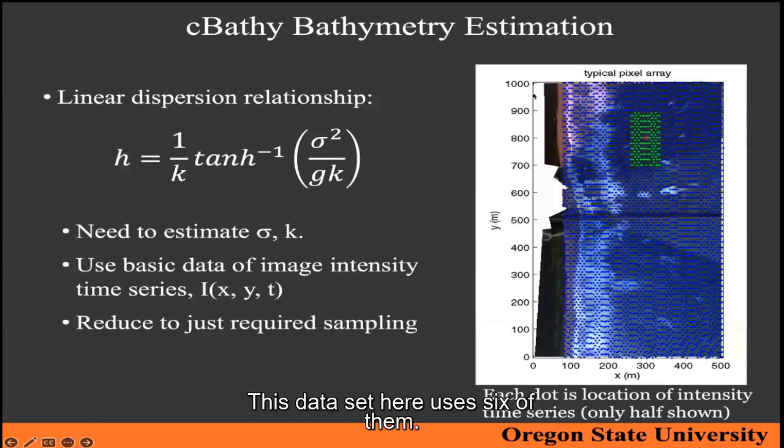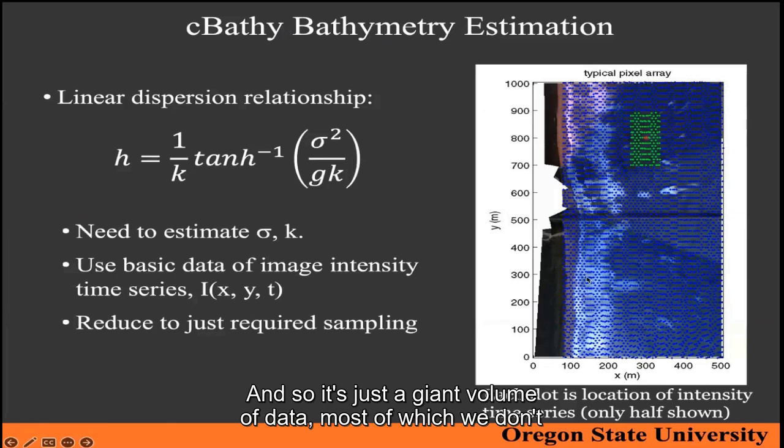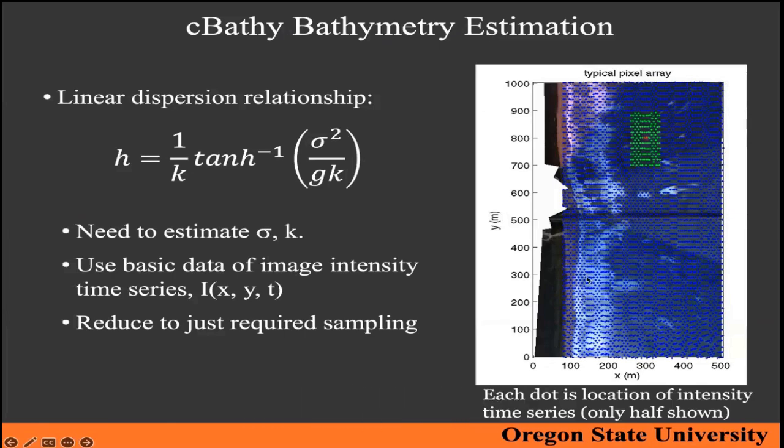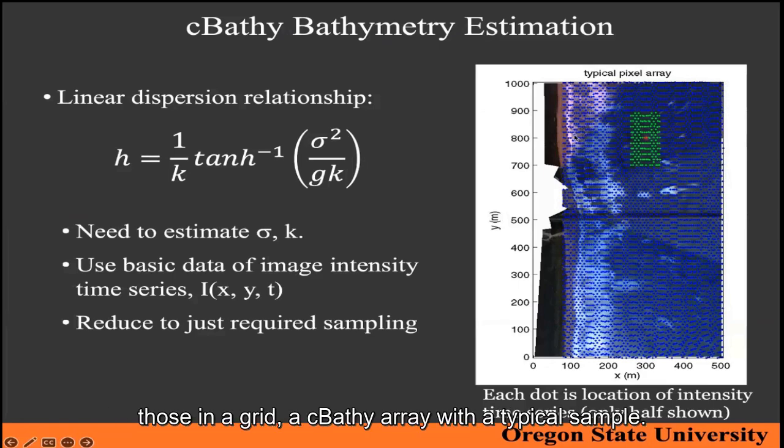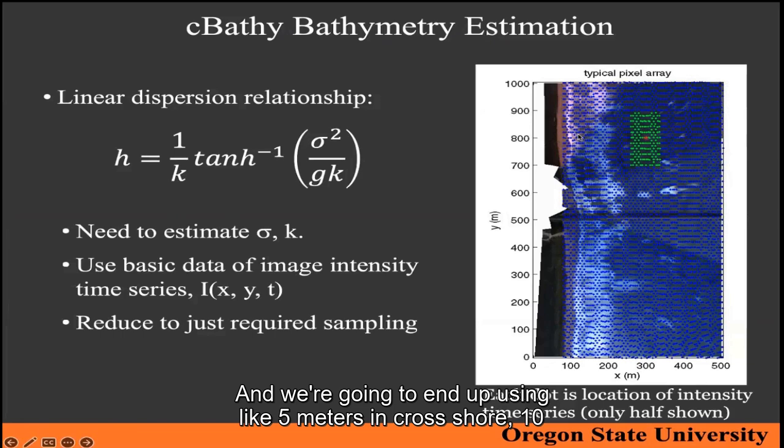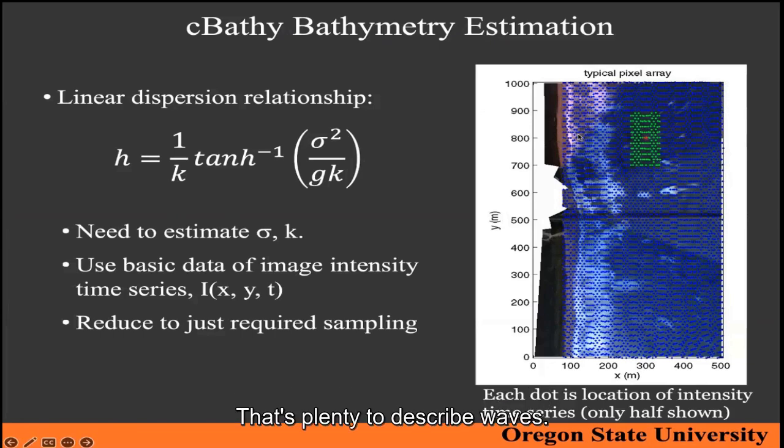This data set here uses 6 of them. And so it's just a giant volume of data, most of which we don't need. So I can estimate bathymetry by looking at a small subset of those in a grid, a cBathy array, with a typical sample of 5 meters in cross-shore, 10 meters in longshore. That's plenty to describe waves.